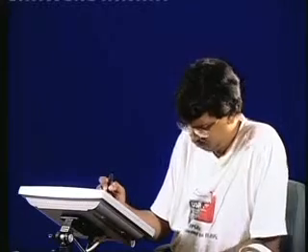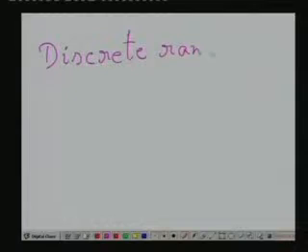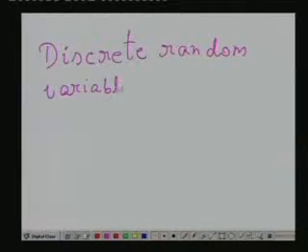So, this is a property of continuous random variables, but there is another random variable called discrete random variable. Here the probability distribution function is a staircase type of function.